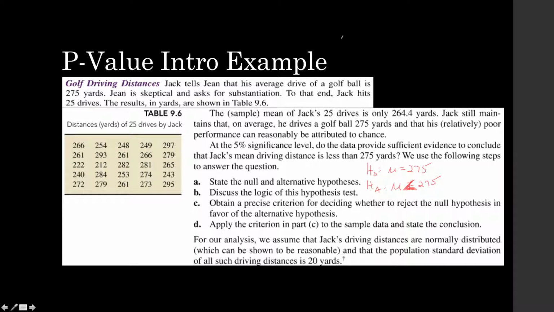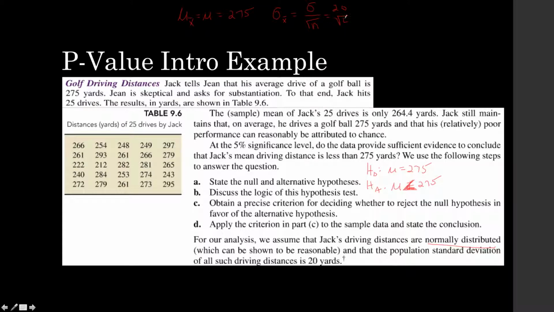Well, as it said in the problem, this is normally distributed, so we know the mean of the sample means is equal to the population mean, which in this case is 275, just like last time. And we know that the standard deviation of the sample means is the population standard deviation divided by the square root of the sample size, which is 20 divided by the square root of 25.